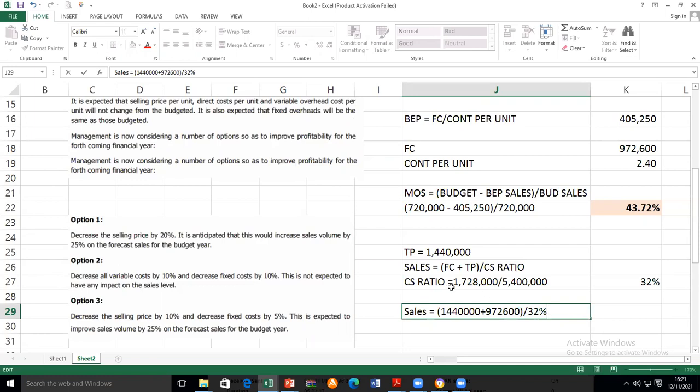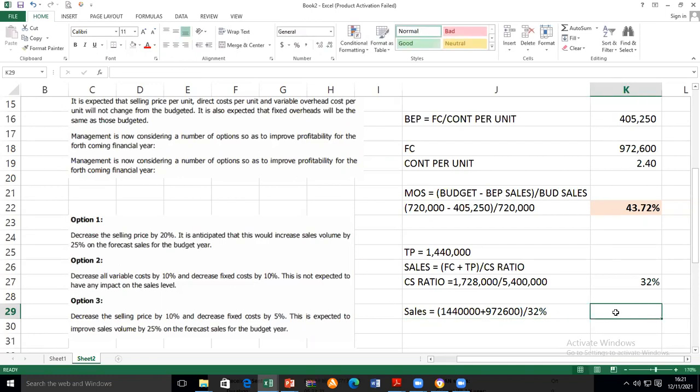Have I done the right thing? Fixed costs, where are my fixed costs? All right, so what do we get?